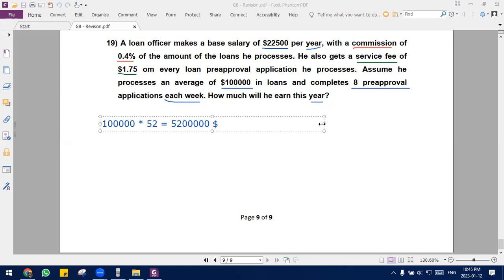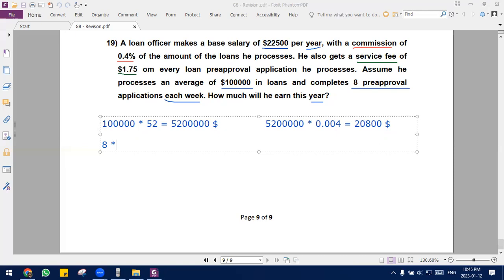Now we need to find the commission of that amount. 5,200,000 times, what's the percent? 0.4. Divide by 100, 0.004, which is equal to $20,800. So this is the amount that he gets from the commission. Now the amount that he gets from the fees. He made 8 approvals in a week.